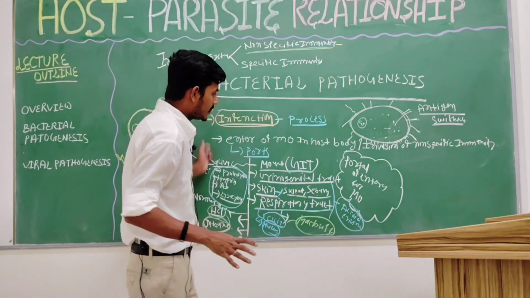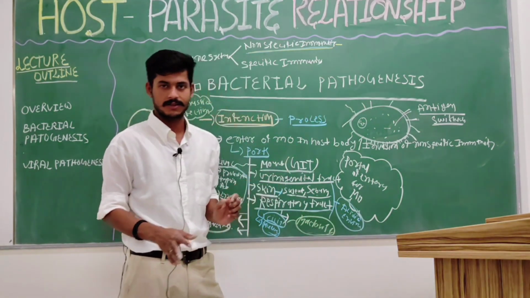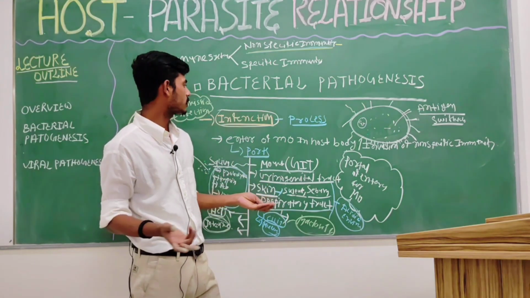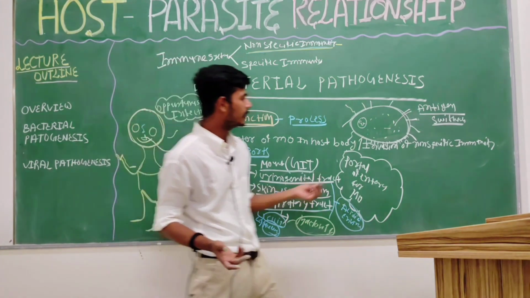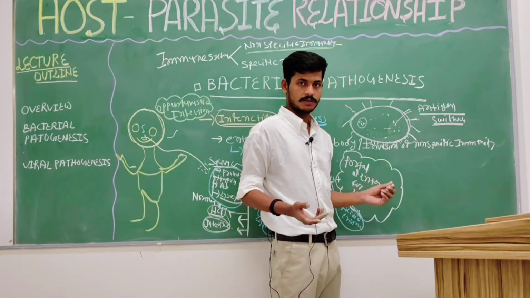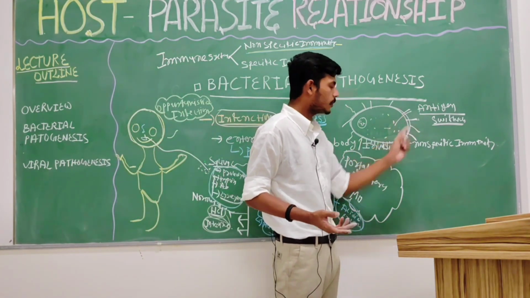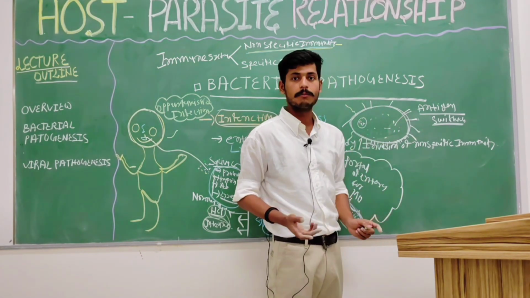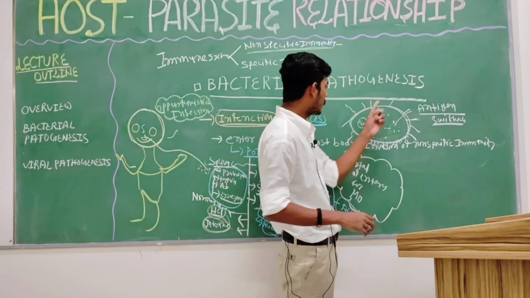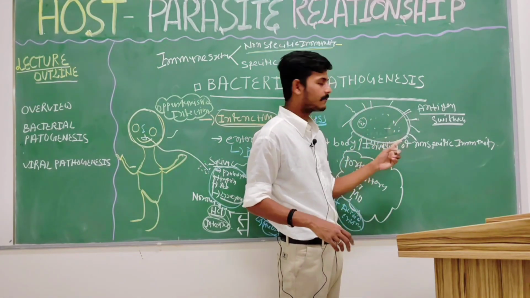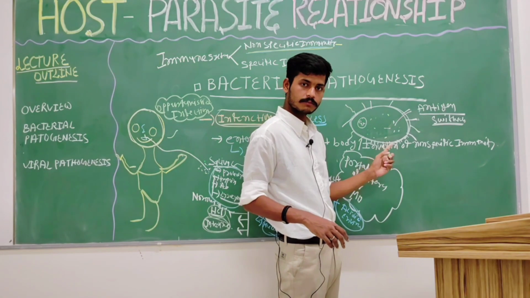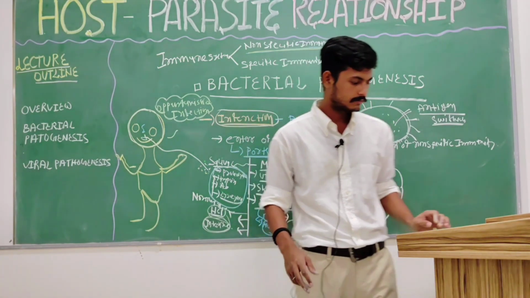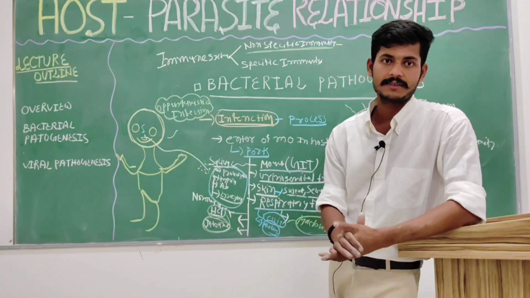Then, despite having this much protection from the non-specific immunity, how do we become ill? That's a matter of discussion. We saw that during the course of evolution, bacteria also evolved. They acquired more potent envelopes and appendages referred to as fimbriae and pili, and they are also able to alter their genetics.